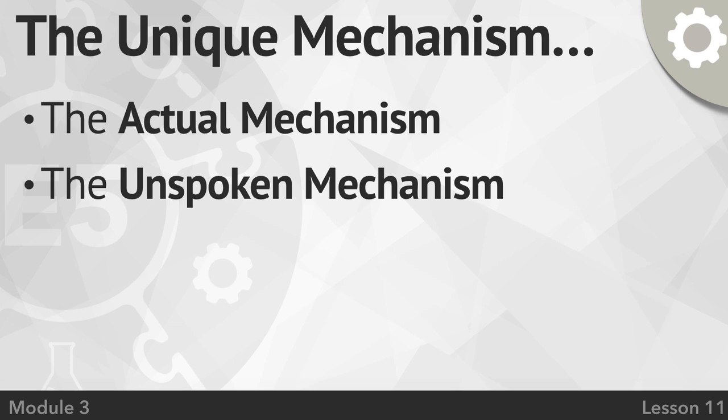Even though other competitors had that mechanism, he was the first and only one to really talk about it at the time, and Schlitz Beer ended up recapturing a tremendous amount of market share because of that unspoken mechanism. So you've got to think about your product, your service, and what part of it helps deliver the result for prospects that maybe isn't unique amongst your competitors, but nobody else is talking about it.